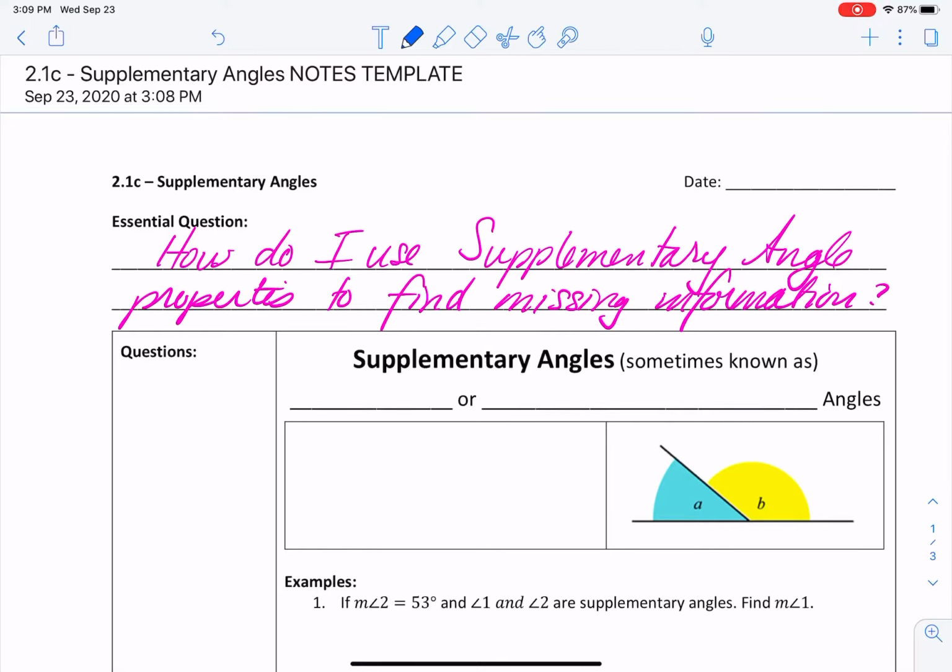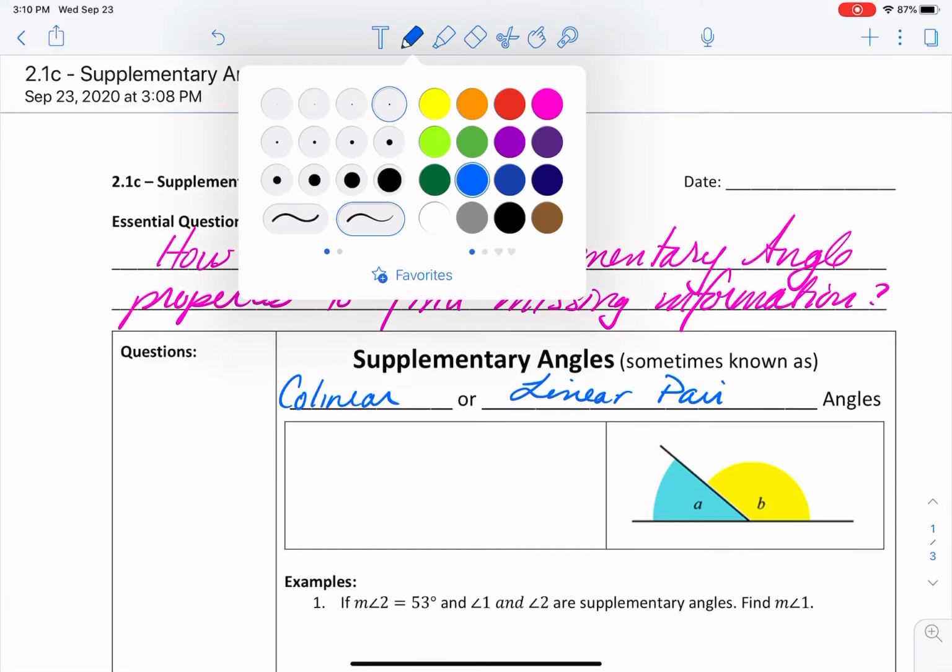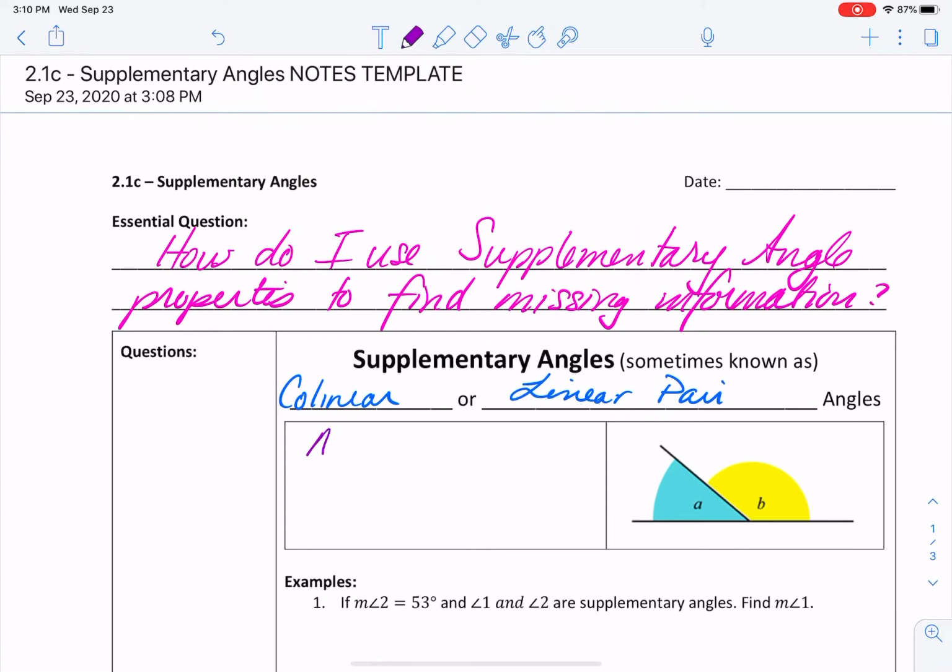So supplementary angles, sometimes known as collinear or linear pair angles, are angles that add up to 180 degrees.